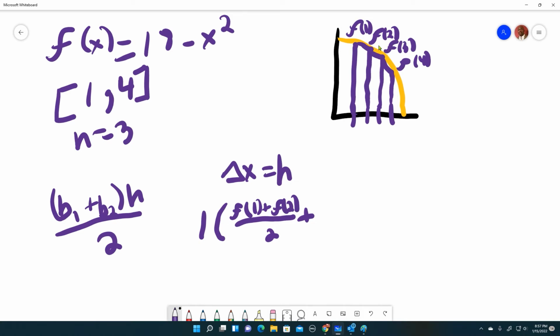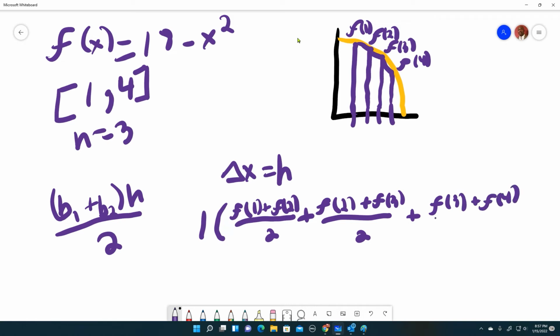Its bases are f of 2 and f of 3. So plus f of 2 plus f of 3 over 2. And then this last one has bases of f of 3 and f of 4. So plus f of 3 plus f of 4 over 2. And so that's the area there.